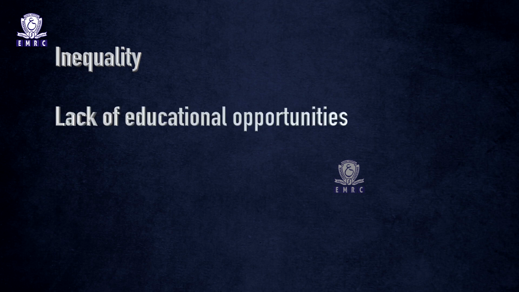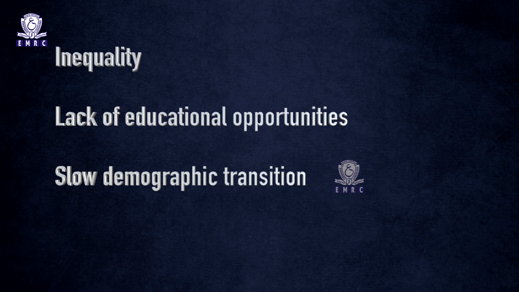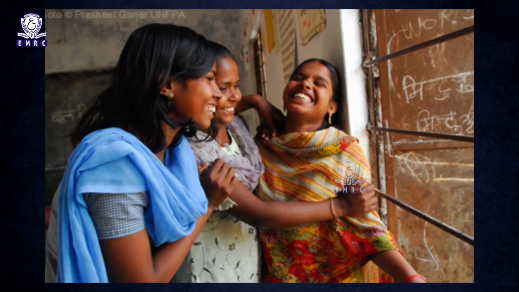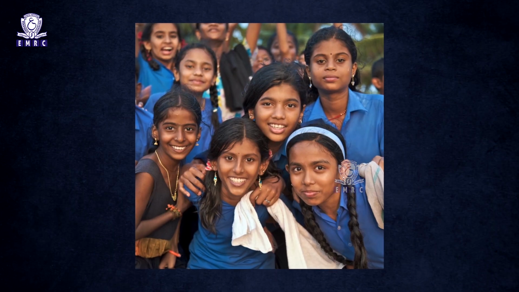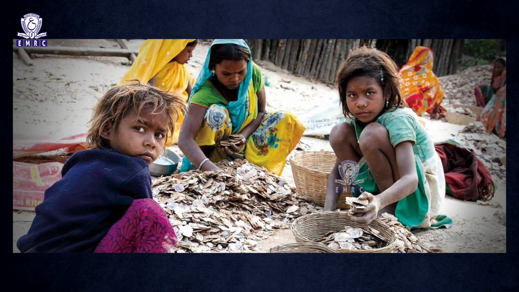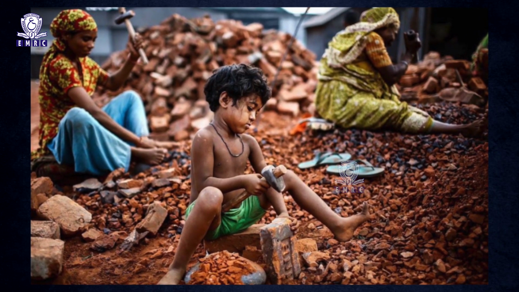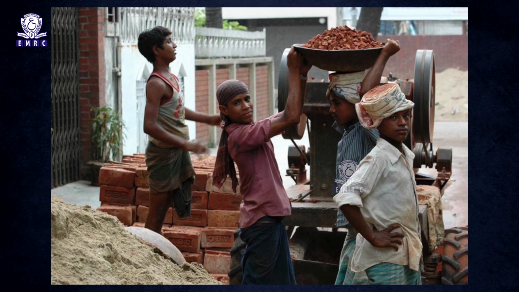Inequality, lack of educational opportunities, slow demographic transition, traditions and cultural expectations all contribute to the persistence of child labor in India. Age, sex, ethnicity, caste and deprivation affect the type and intensity of work that children perform.